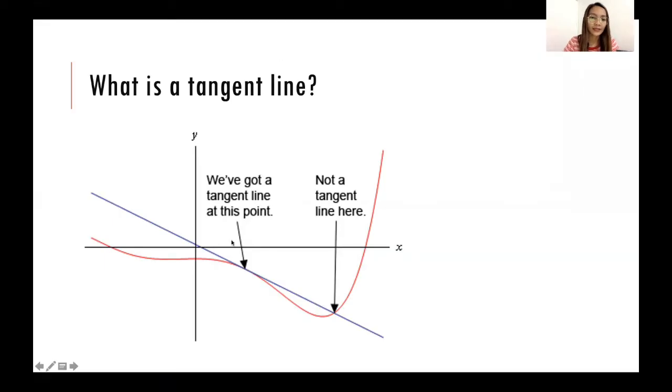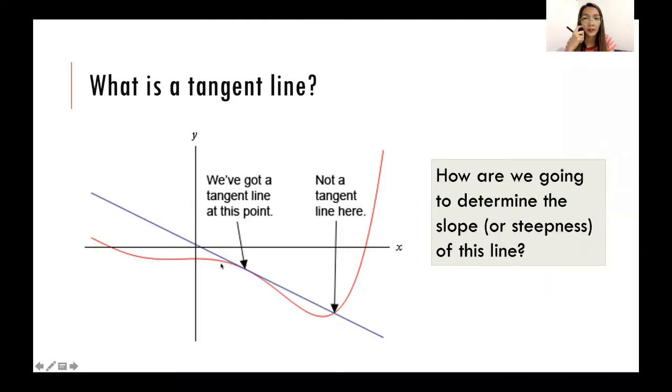It is tangent to the curve. But when it goes here, it is not a tangent line anymore. Not a tangent line here, because it intersects the curve. That is why it is no longer a tangent line. But here, at this point, this one is a tangent line.